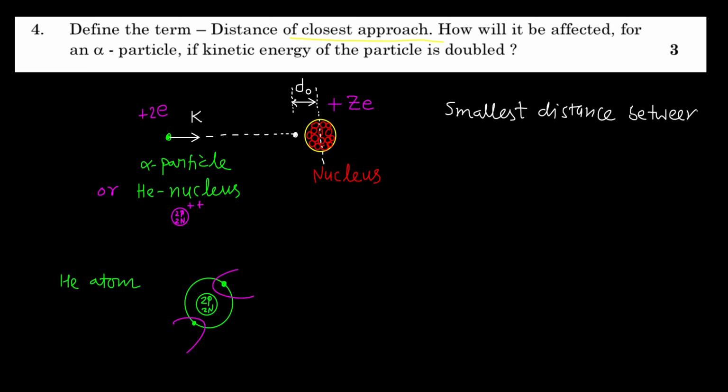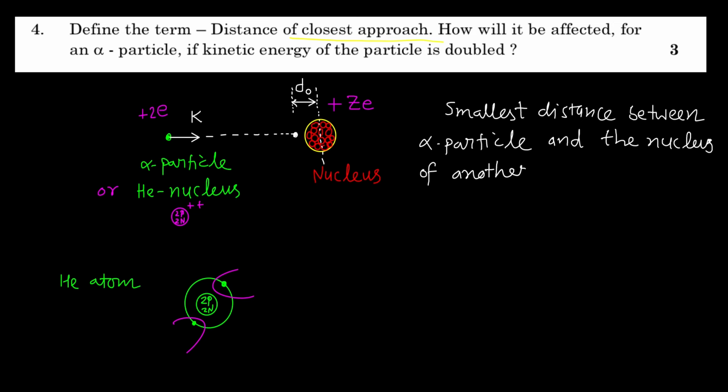between the alpha particle, or it can be any other particle if the experiment involves that. It is the smallest distance between the alpha particle and the nucleus of another element taken in the alpha scattering experiment.